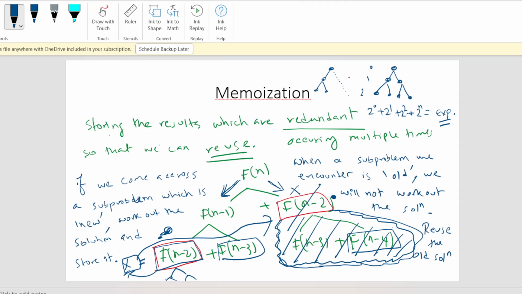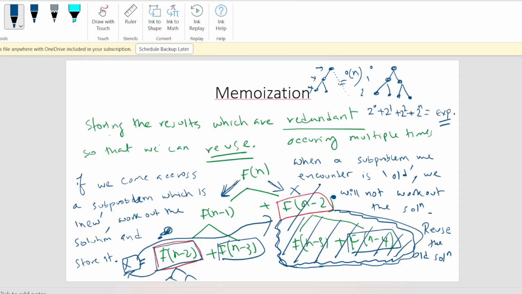Okay, we have reused the old value, so we don't have to work out this part. তাহলে আমার কয়টা sub-problem দাঁড়ালো? So, এখানে একটা, এখানে একটা, এখানে দুইটা। যদি আমরা ক্যালকুলেট করি দেখা যাবে it's linear, big O of n.